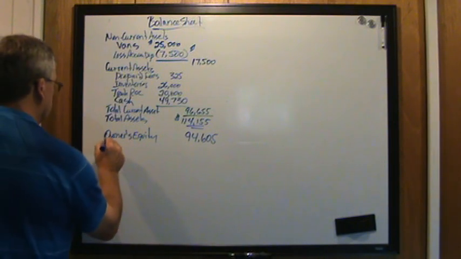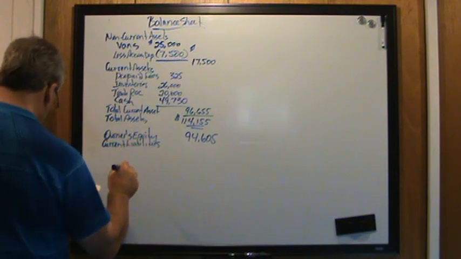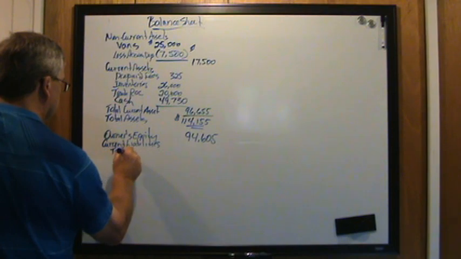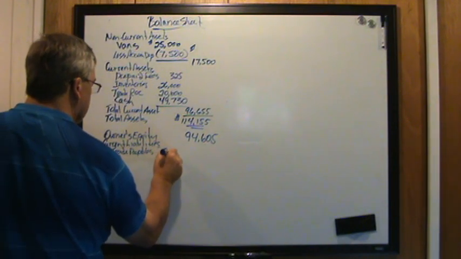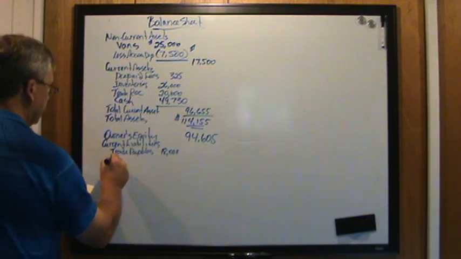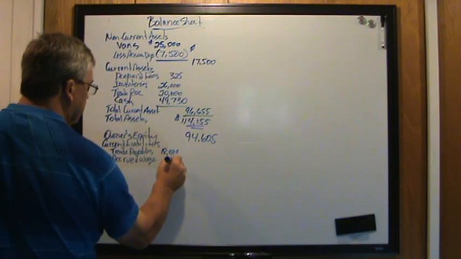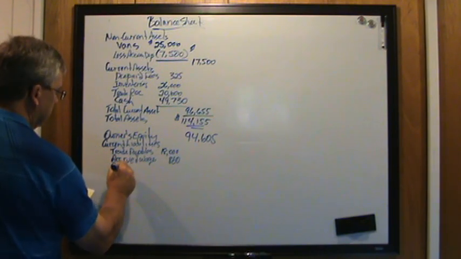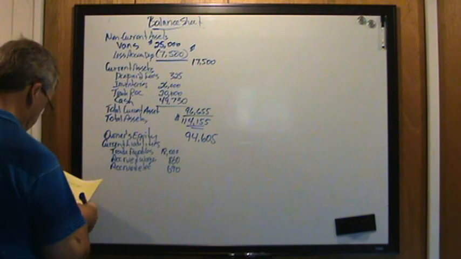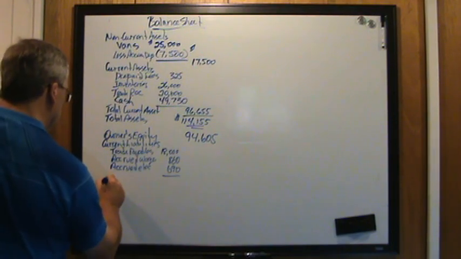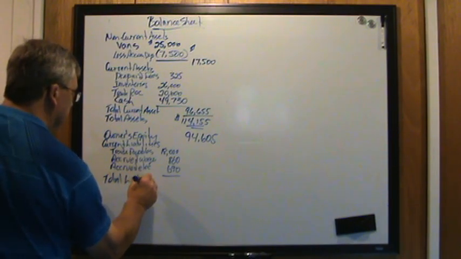So current liabilities are trade payables of 18,000, accrued wages $860, accrued electricity is $690, for a total liabilities, total current and non-current, because we don't have any.